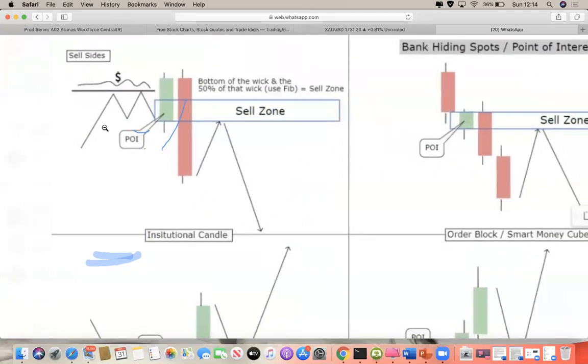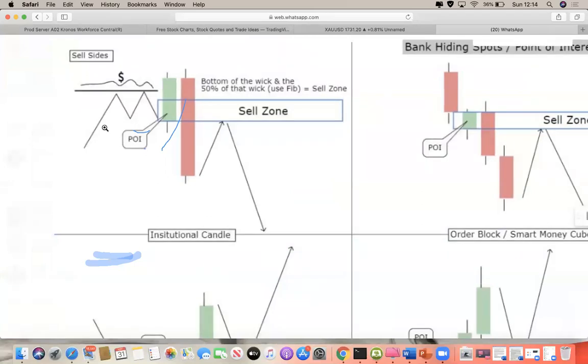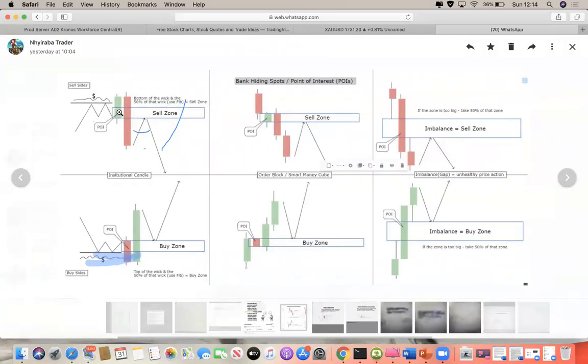I'm going to repeat the same thing if people didn't really catch what I meant by institutional candlestick and where we want to be selling. So where you see a double top, you are waiting for the institutions to come into the trade. See what the institutions are doing.